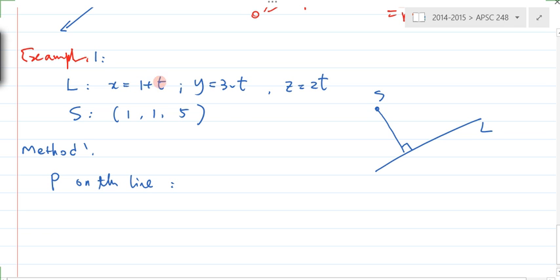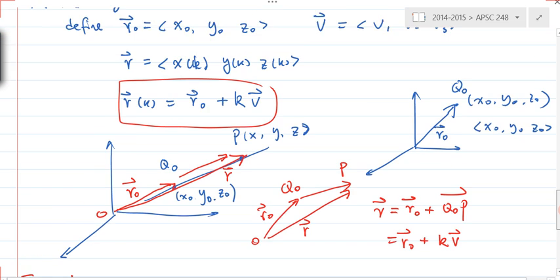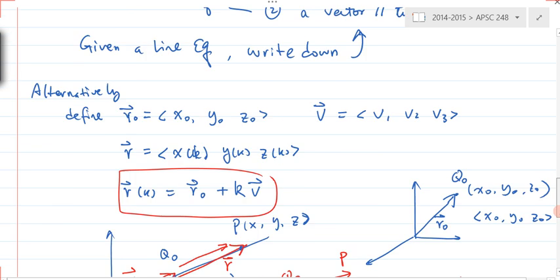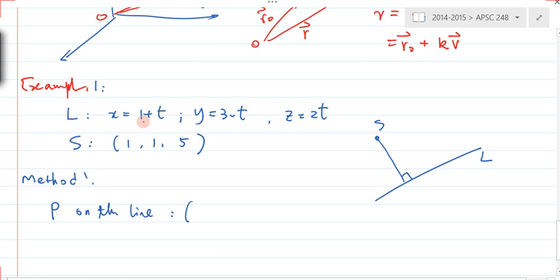And given the line equation here, what's the coordinate? We take this information right here as the coordinates, right? Which is, in this case, (1, 3, 0). Okay? So hypothetically, let's just say this is a point P right here.